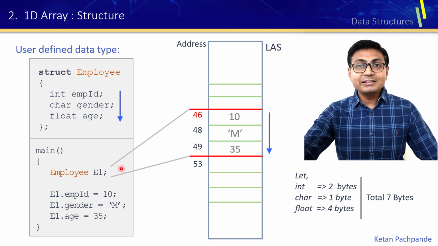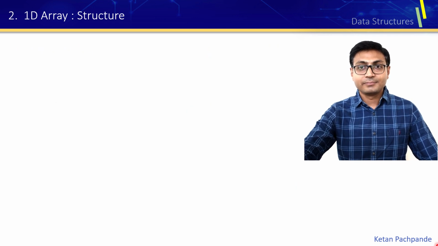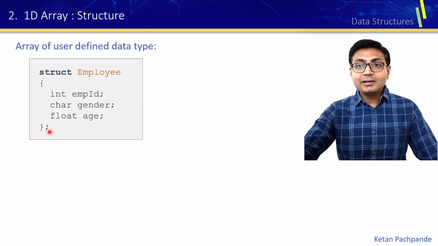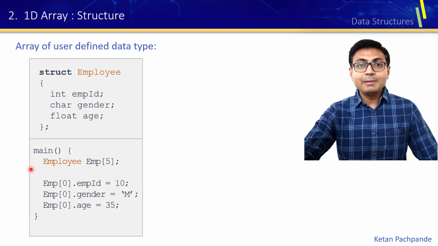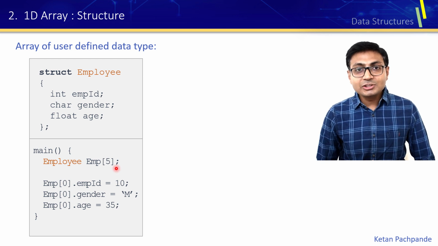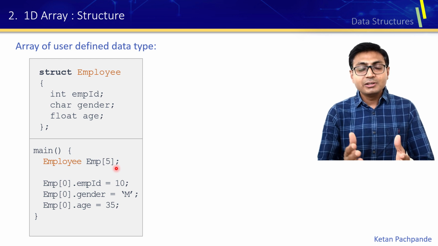Now how to define the array of the employee? Let's look at that. Here is the same structure employee, and now with the help of this array, which is defined as employee emp[5], you see, defining an array of structure is very similar to defining an array of an inbuilt data type.